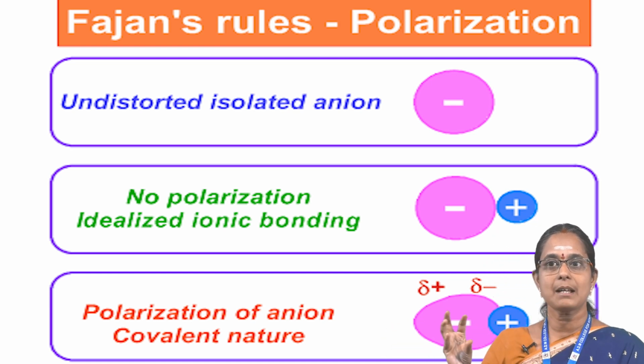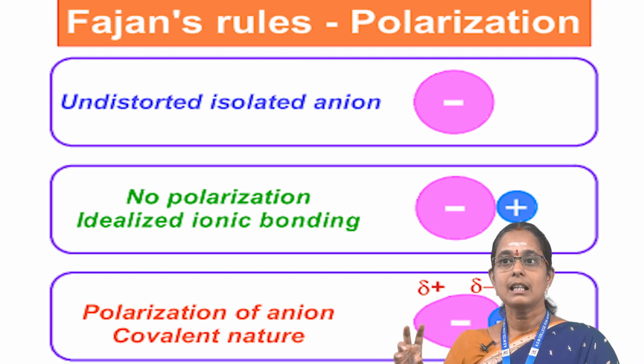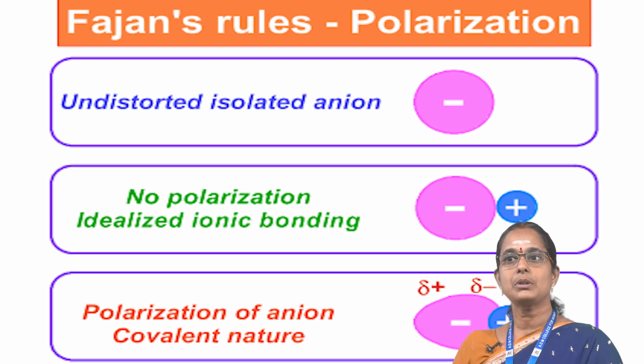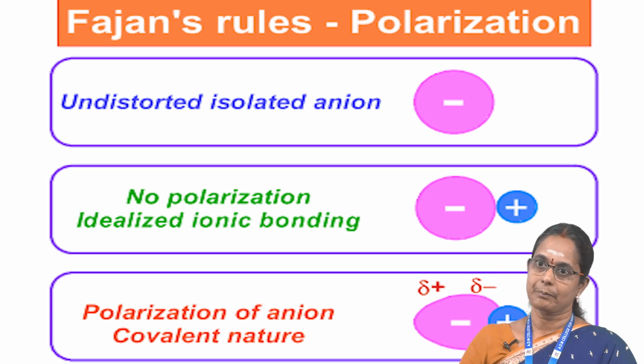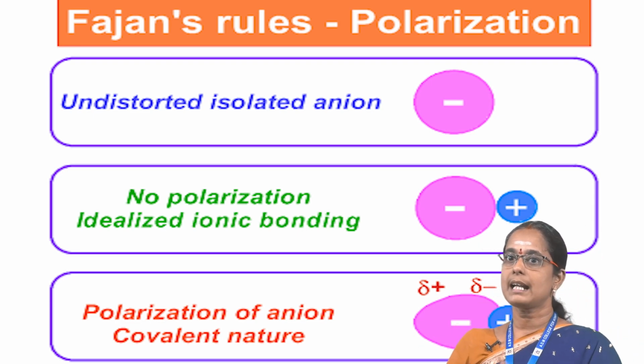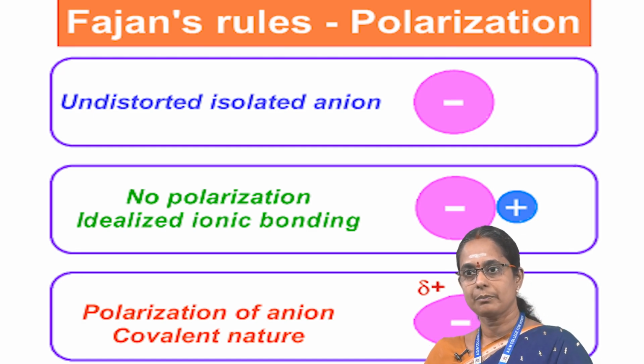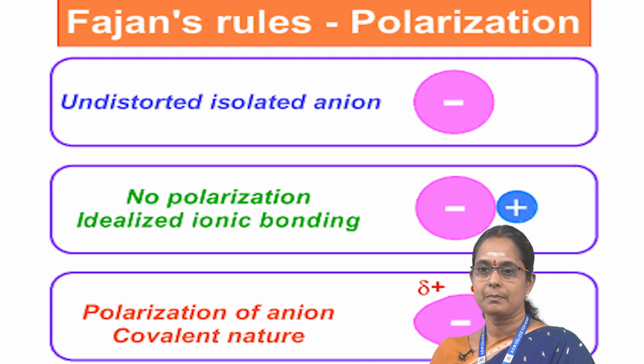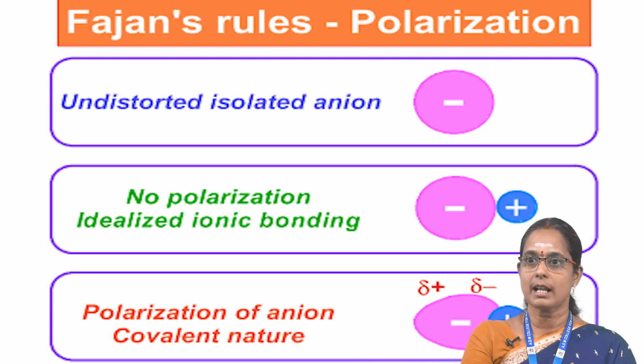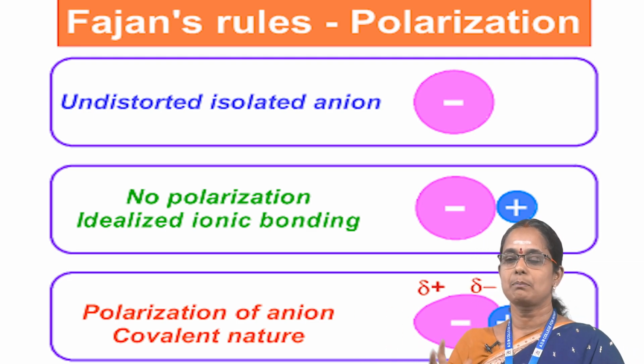This is because I minus is more polarizable than chlorine minus due to the larger size of iodine. Between sodium iodide and lithium iodide, the more covalent will be lithium iodide. This is because Li plus is smaller than Na plus. So Li plus will have more polarizing power than Na plus.